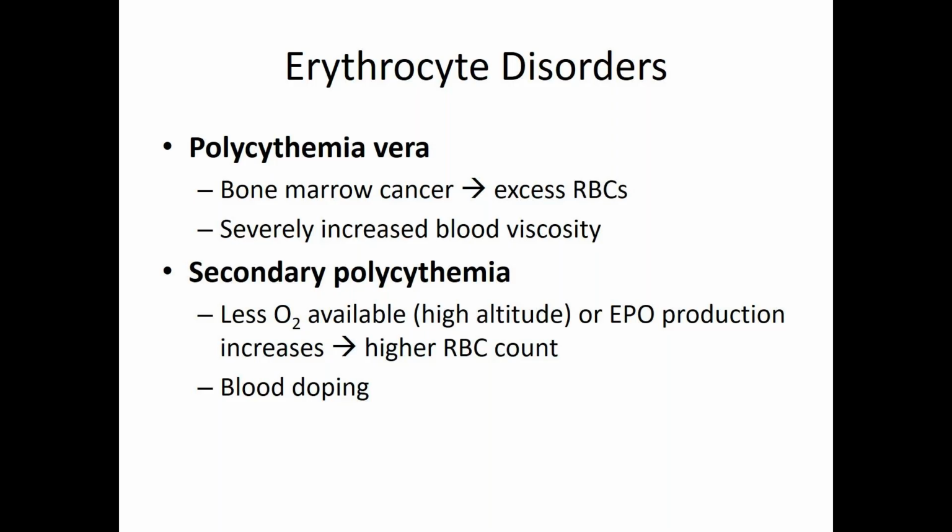And the issue here, right, is the same as the issues we've talked about before. Too many red blood cells leads to blood that is too viscous, right? Going to lead to cardiac problems down the road. Secondary polycythemia is not quite as severe as this, obviously not cancer, right? And secondary polycythemia is what you'll experience if you travel to someplace at a high altitude.